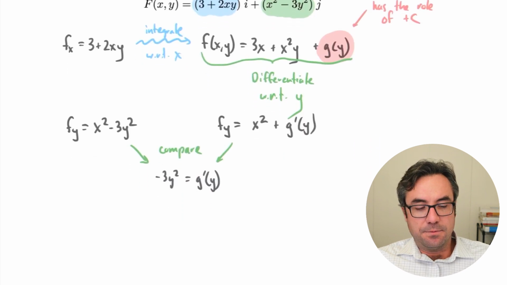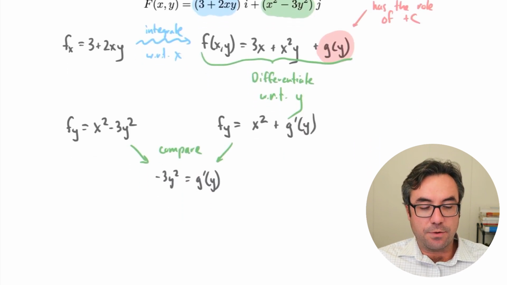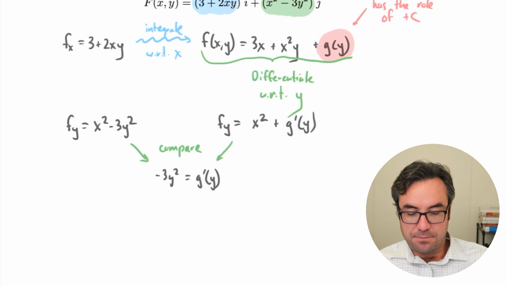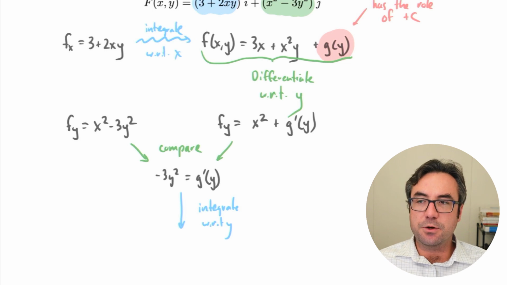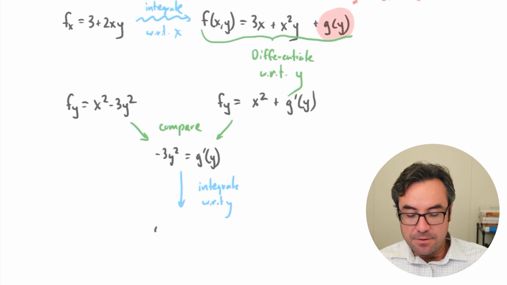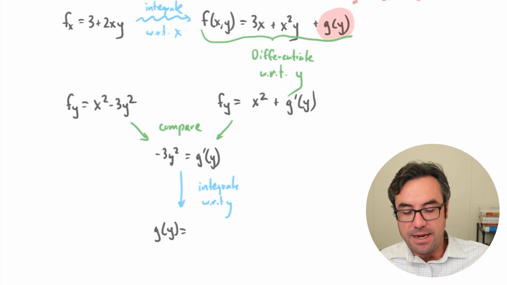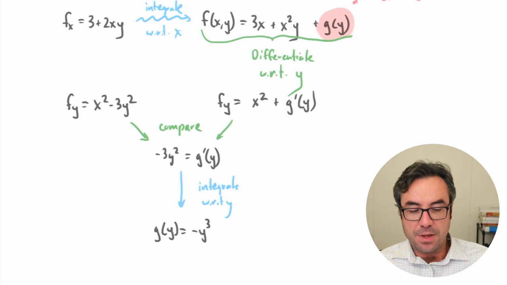And then from here, we're going to integrate with respect to y. So when we integrate this with respect to y, that's going to give us g of y. The antiderivative of this is negative y cubed.